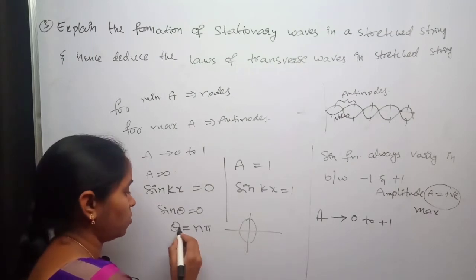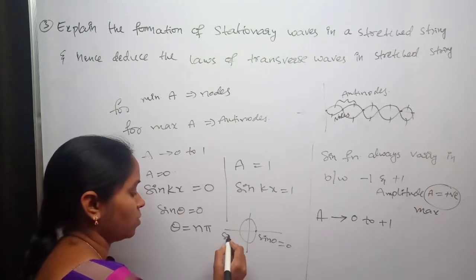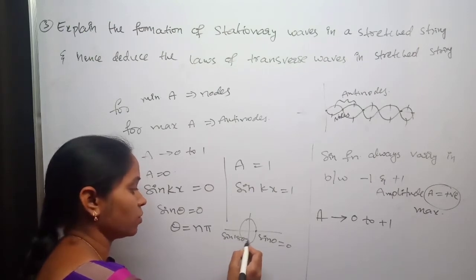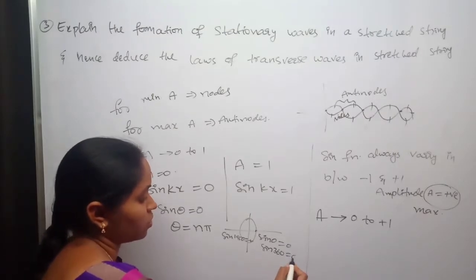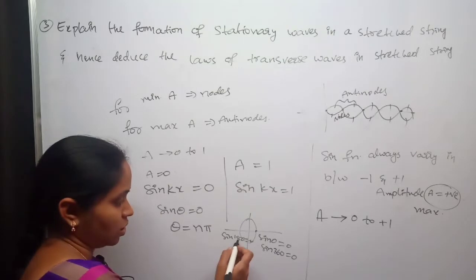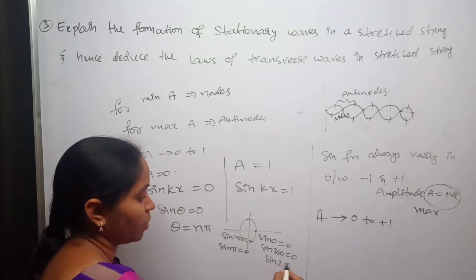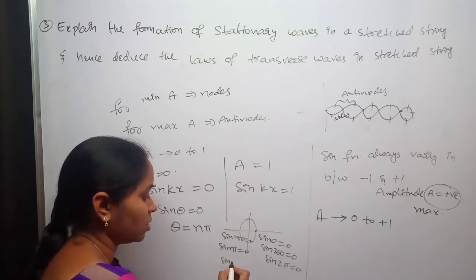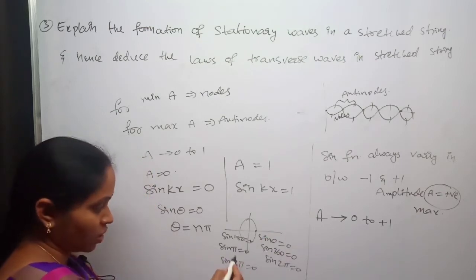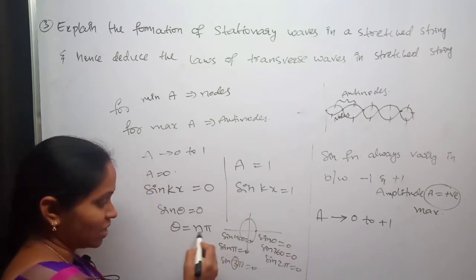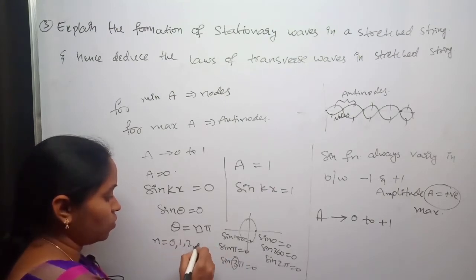Here sin 0 is 0, sin 180 is also equal to 0, and sin 360 is also equal to 0. Here sin 180 is nothing but sin pi equal to 0, sin 2 pi is equal to 0, sin 3 pi is equal to 0, sin 4 pi is equal to 0, and so on. Here I am considering this n as an integer, and the n value is 0, 1, 2, and so on.